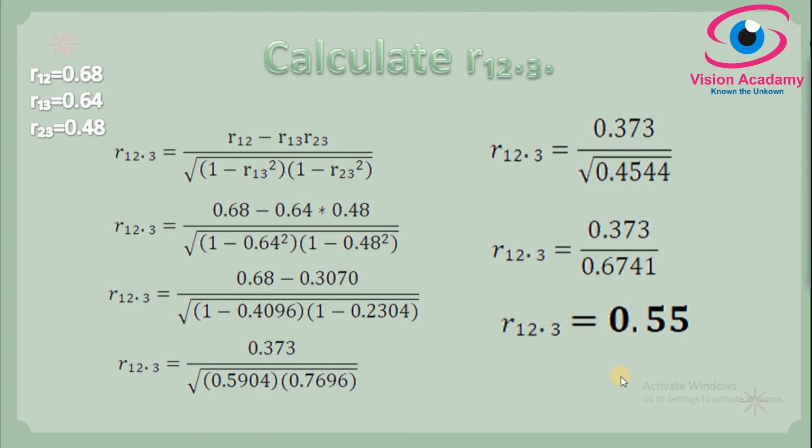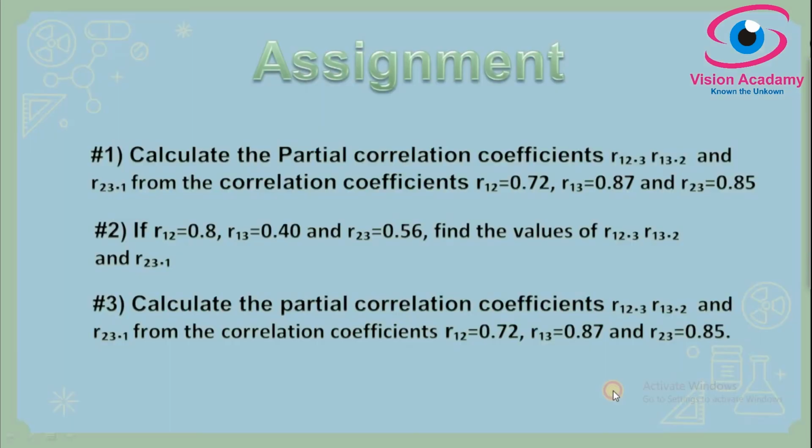By now I will stop the formula. We have calculated 3 problems here, and here you have some assignments. We have given 5 assignments as such. In the first assignment, we need to calculate the partial correlation coefficients of R12.3, R13.2 and R23.1 from the correlation coefficients of these 3 values. Here you need to calculate all 3 options.